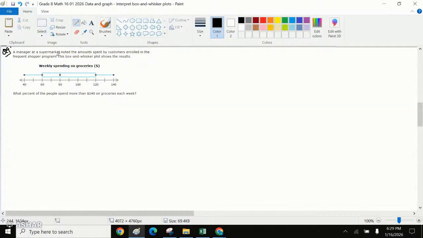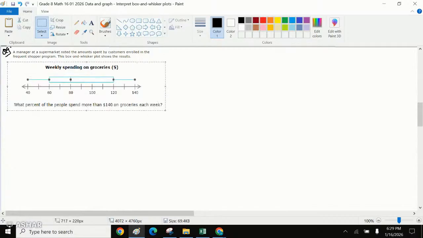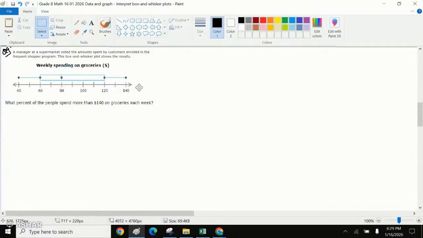A manager at a supermarket noted the amount spent by customers enrolled in the frequent shopper program. And they draw it on a box and whiskers. And they're asking what percentage of people spend more than $140 on groceries each week?